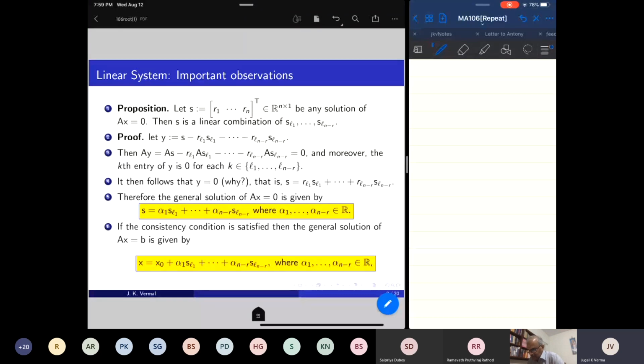Therefore we add this particular solution x0 to an arbitrary solution of AX equal to 0. An arbitrary solution of AX equal to 0 is a linear combination of SL1, SL2, ..., SL(n minus r), and x0 is a particular solution. So every solution looks like x0 plus a linear combination of these basic solutions, right?